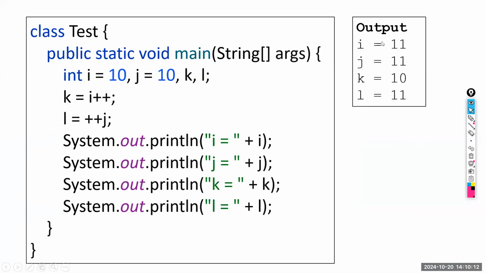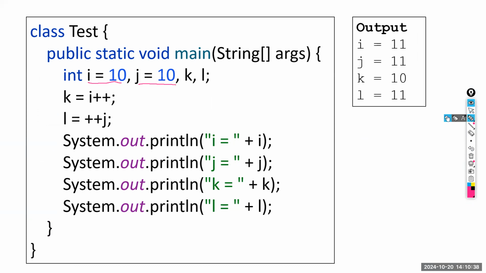Usually it doesn't matter whether it's i plus plus or plus plus i. But if you use it together with assignment, it matters. For example, you can say i is 10, j is 10. Now this assignment says k equals i plus plus.